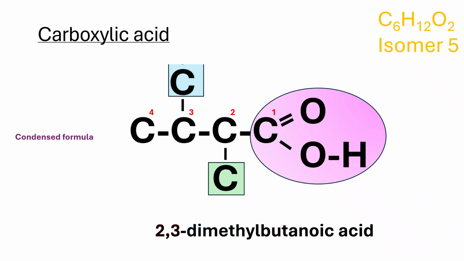But since it's so easy, I'm going to introduce the condensed formula again. I want you to have a look at how this works. We're starting with brackets, which is quite confusing. So CH3 twice, followed by CH brackets CH3. That's a side chain dangling off, in green at the moment, and then the COOH for the carboxyl group.